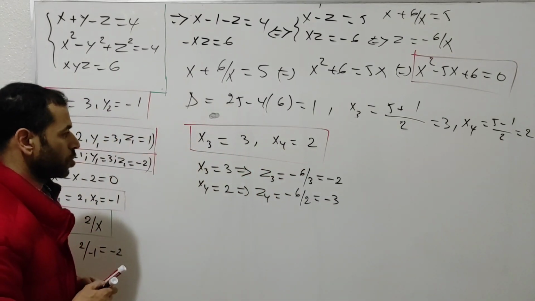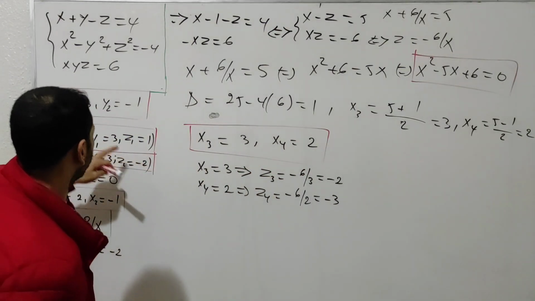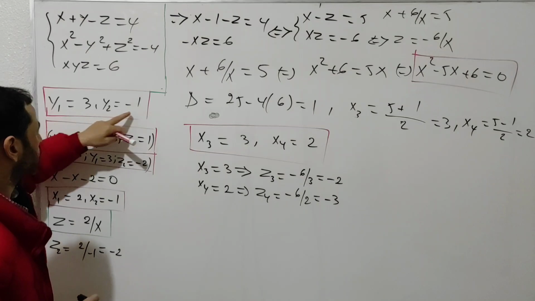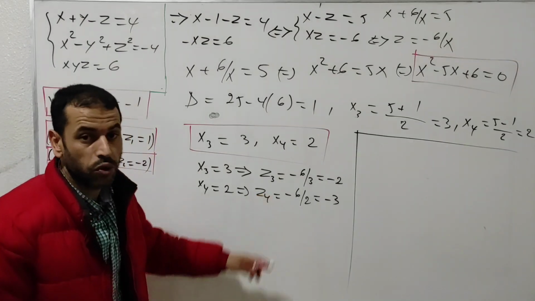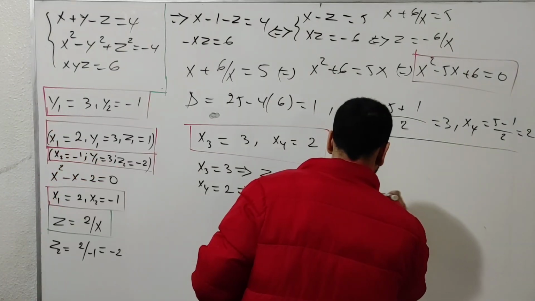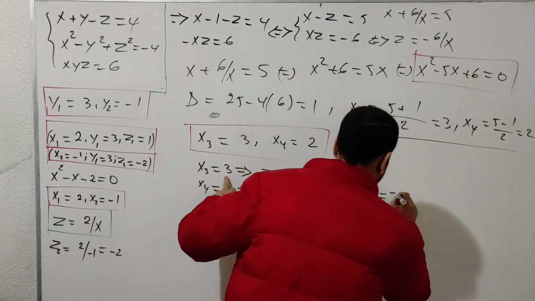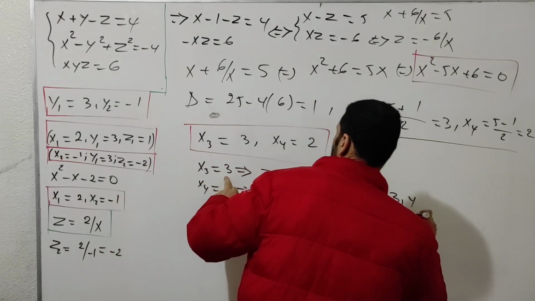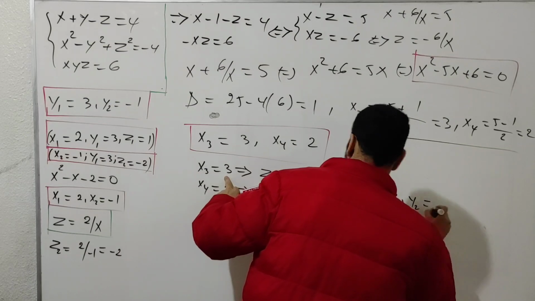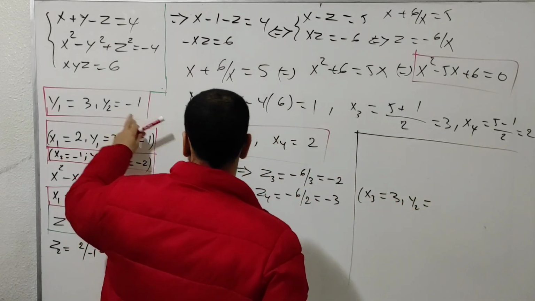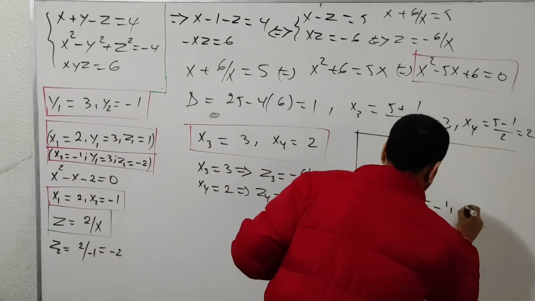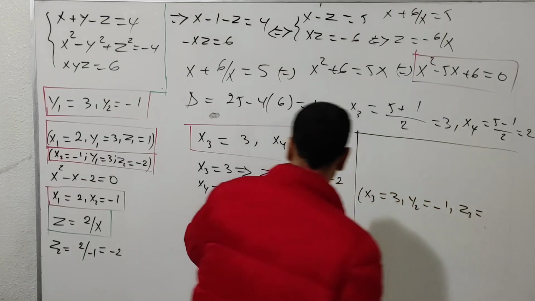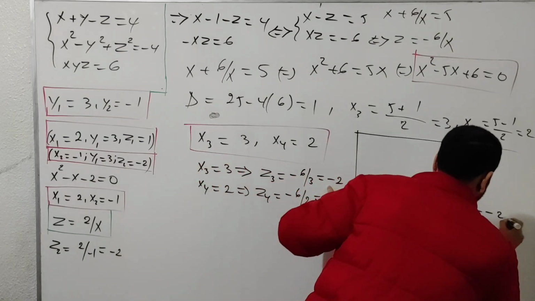So here is the fourth solution, by using the same value of y, which is y2 equals minus 1. So we'll have two new solutions here: x3, which is 3, y equals minus 1, and z3 equals minus 2.